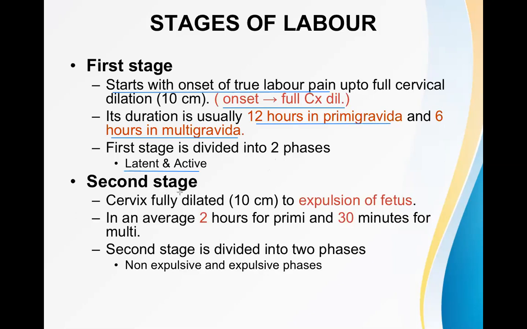Now, what is the second stage of labor? From the full dilation of the cervix till the expulsion of the fetus is called the second stage of labor. So when you do a per vaginal examination, you will confirm the cervix is fully dilated, that is 10 centimeters, till the baby fully comes out. On average, it lasts around 2 hours for primigravida and 30 minutes for multigravida.